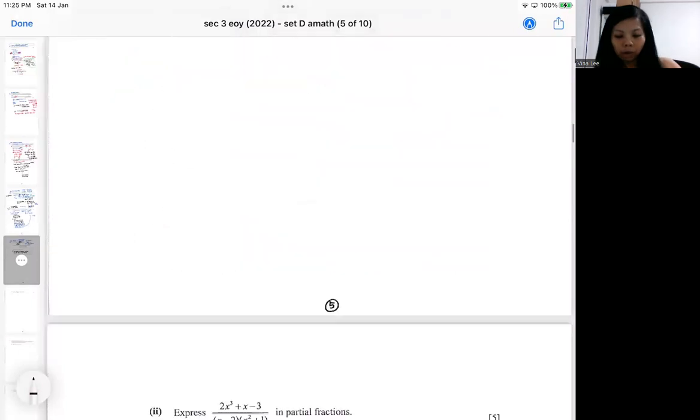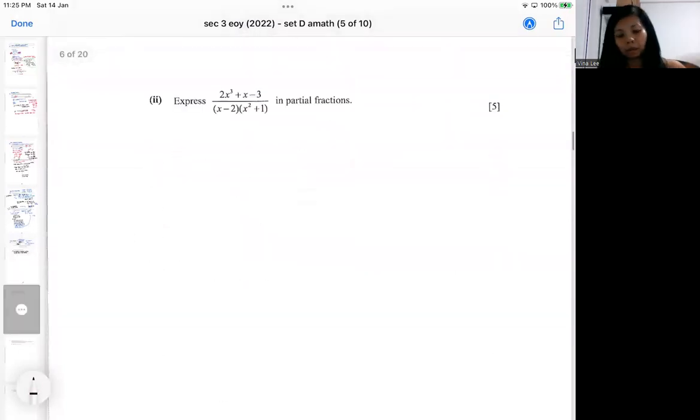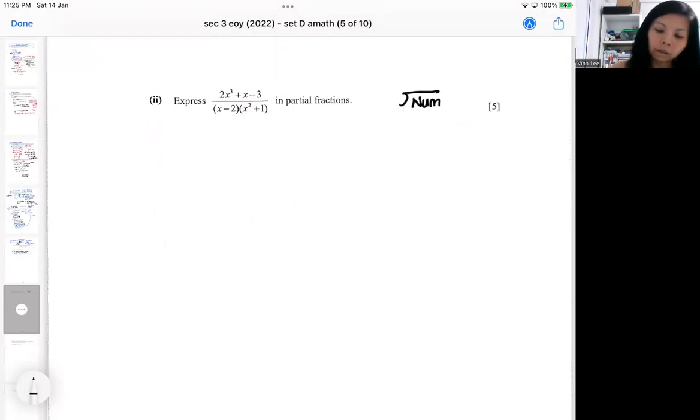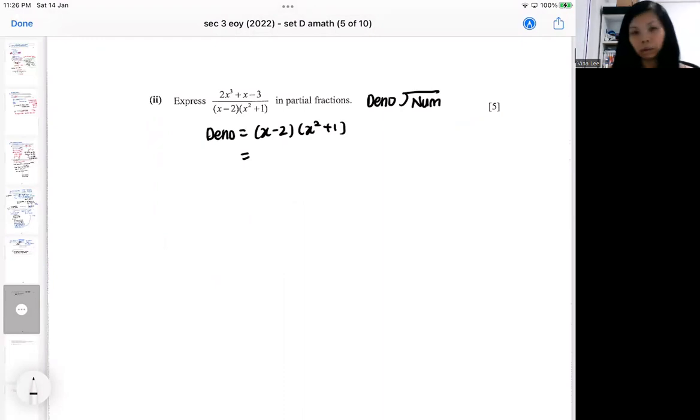Subsequently, your job is to do the correct one. When you do the long division, the numerator should be inside and the denominator should be outside. But in this case, the denominator needs to be expanded first. If you do not expand, then you cannot do your long division.